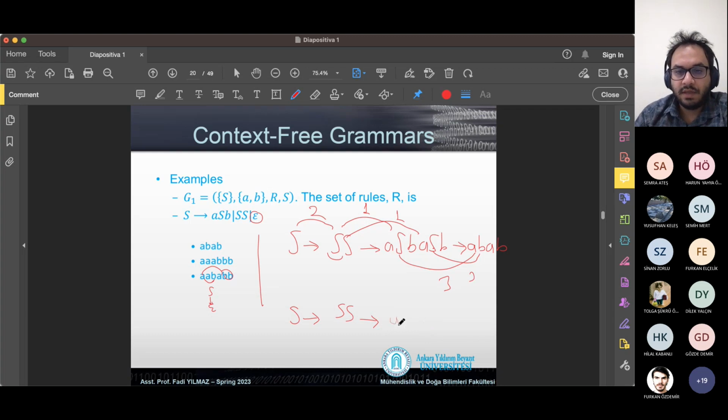Let me then do it like this. ASB and then another AS. What if this ASB? Then this is AASBB. Then this is... I cannot generate one. For this S, I should say AASB.